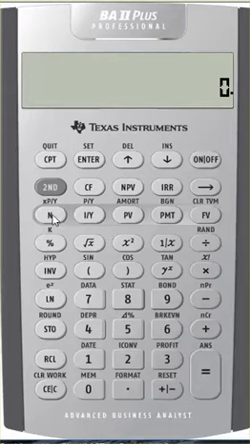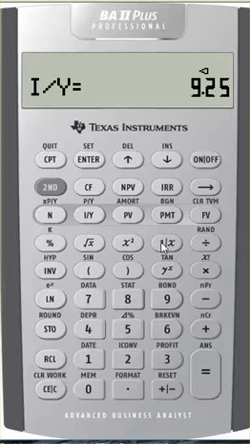Okay, N is the total number of periods. Since this is quarterly compounding, 4, I have 15 years, so 4 times 15 is 60. So it's going to be a total number of periods, which is 60. My interest is 9.25 interest per year.